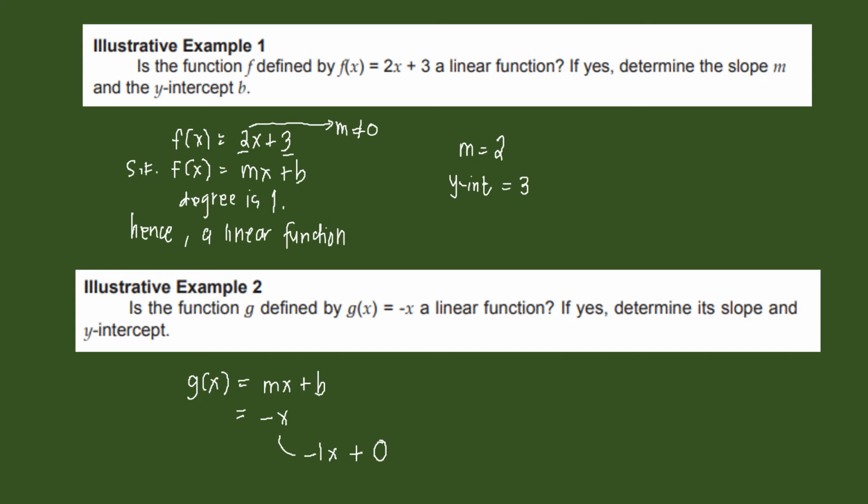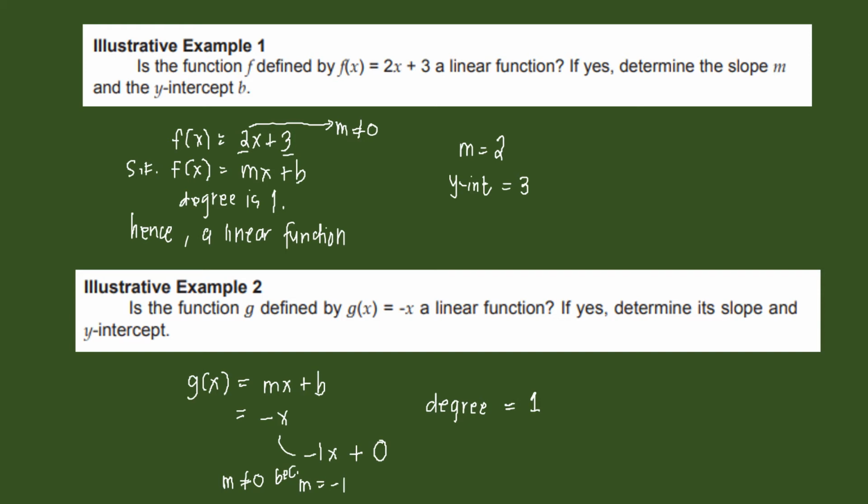Now let's look at this one. m is not equal to 0, right? Because m is equal to negative 1. So if m is not equal to 0, then what is the degree? The degree is 1, according to our definition, even if b is equal to 0.